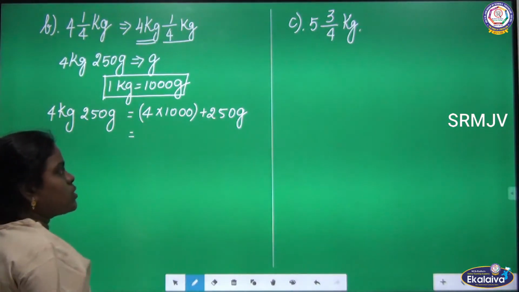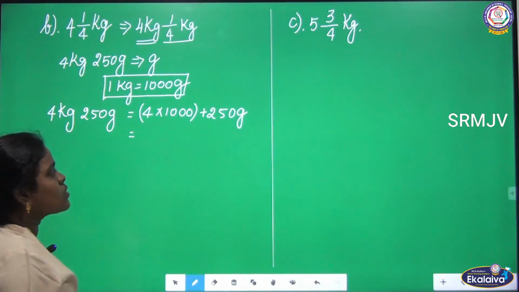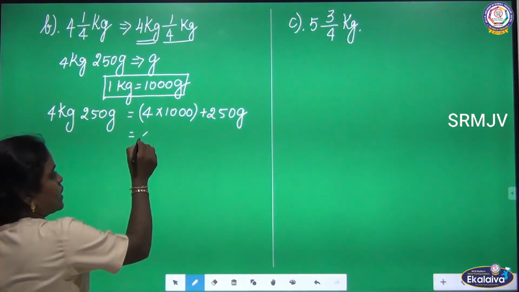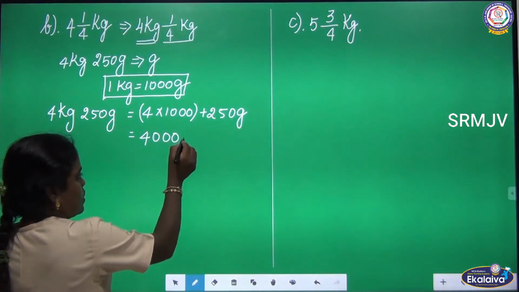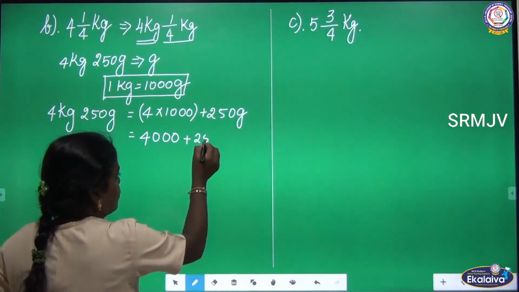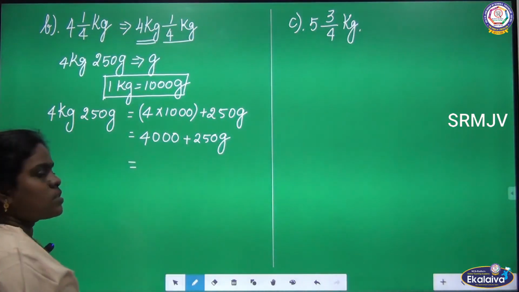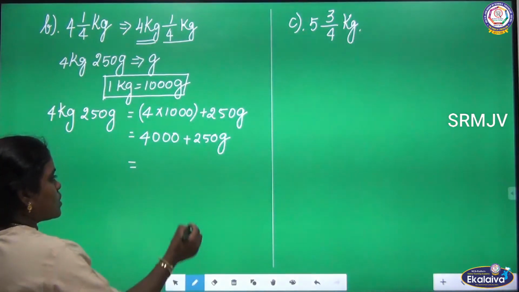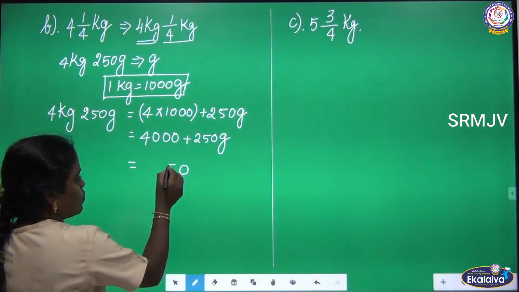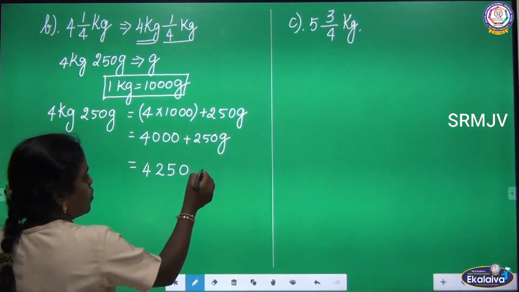So 4 into 1000. What will you get if you multiply 4 and 1000? Yes, write the given number and put 3 zeros plus 250 gram. Children, now add the numbers. 4000 and 250 gram. 0, 5, 2, 4.